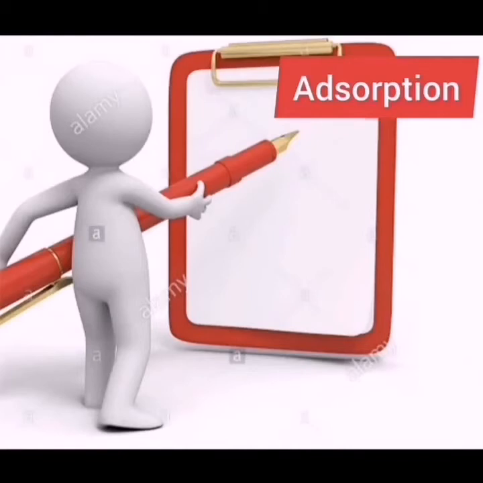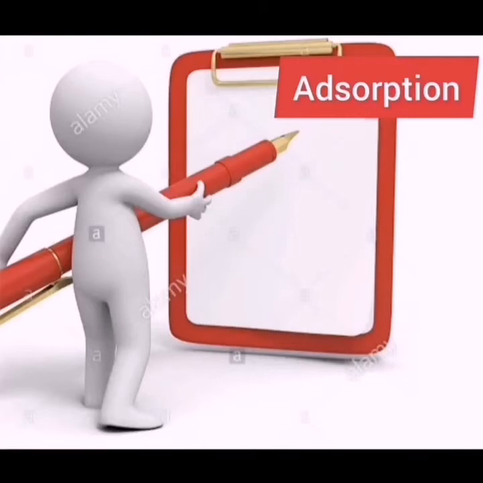No. In this, there is one substance, that is blackboard, and another substance, chalk powder, is accumulating only on the surface. That is, chalk powder is getting accumulated on the surface of the board. Such a phenomenon is called adsorption.